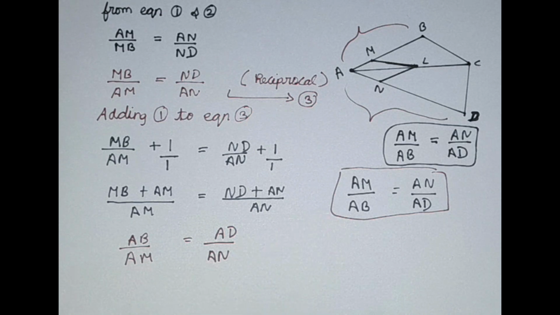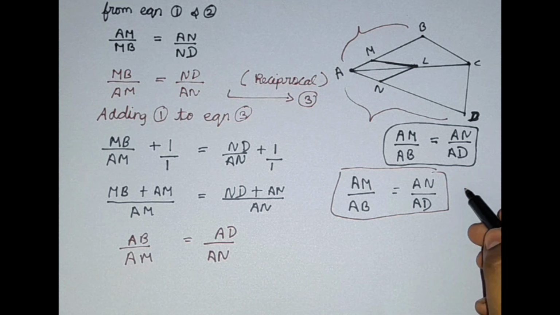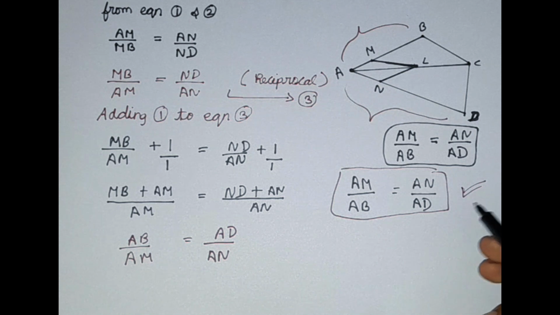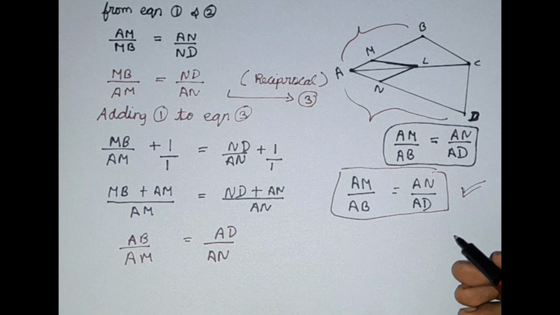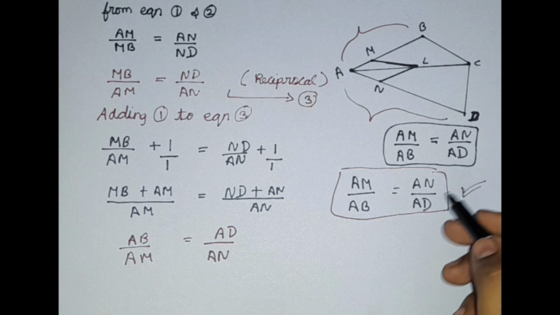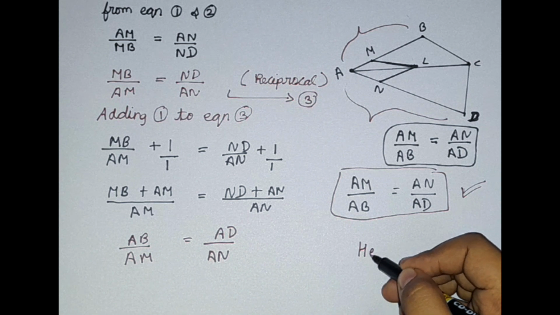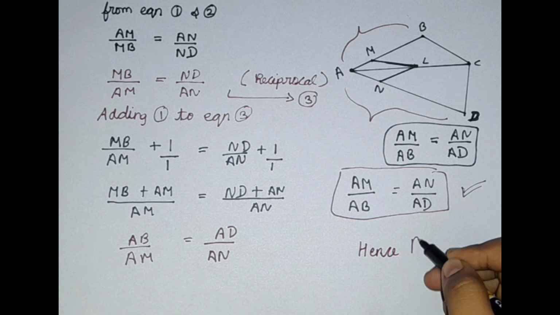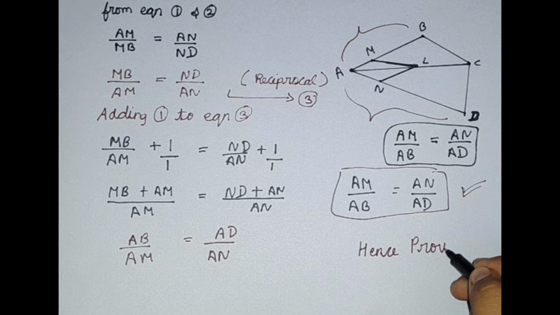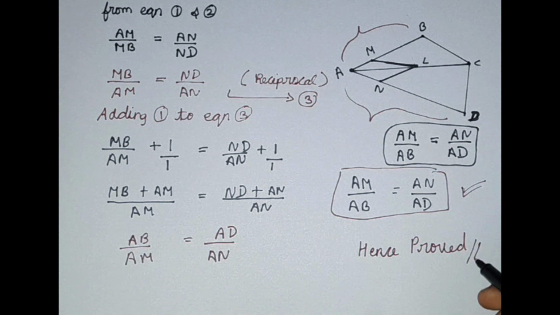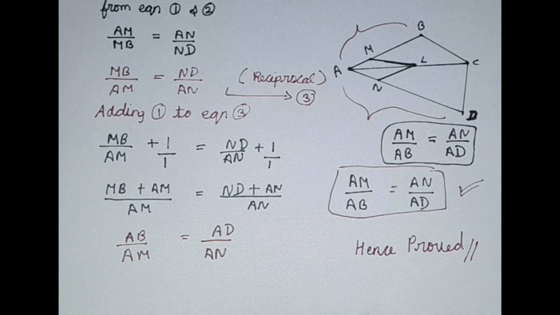After taking the reciprocal, I got the exact value compared to the question. That is what we are supposed to prove. They are both the same, am I right? Then we can state hence proved. Hence proved is a magic word for you guys. So we just proved it.